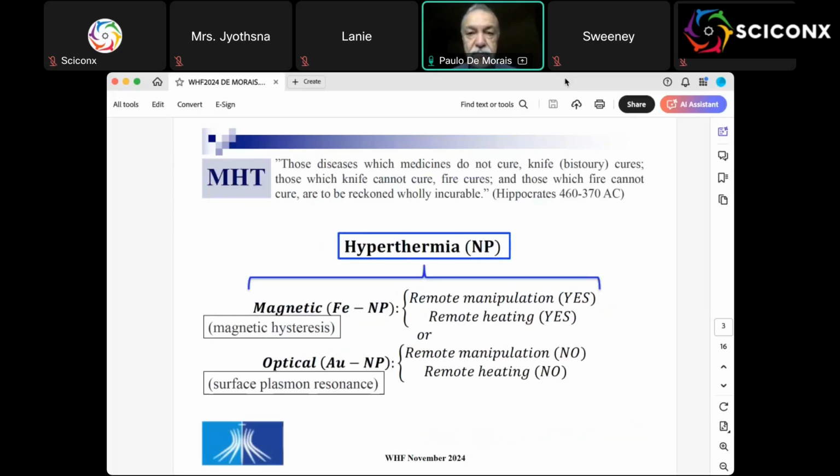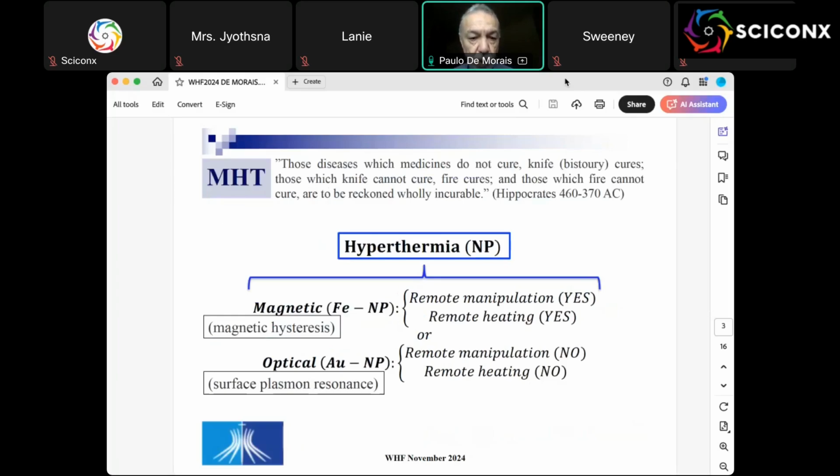Hyperthermia in modern times, in the last 20 or 30 years, has been performed using nanoparticles. And there are two ways to perform hyperthermia today. One is magnetic hyperthermia, using magnetic nanoparticles.